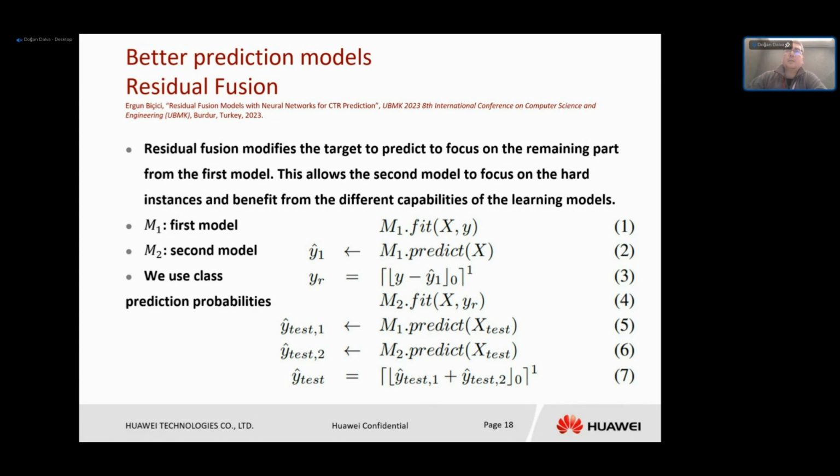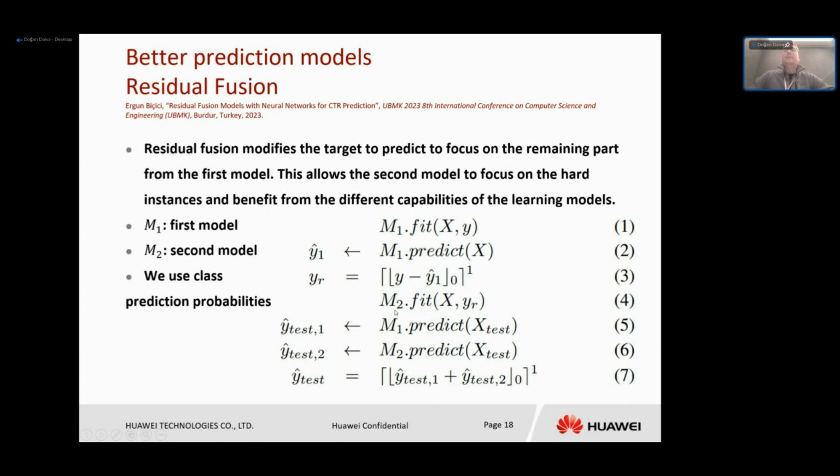Because these are probabilistic predictions from 0 to 1, we make the difference in the same range as the actual output. The residual is used to fit the second model. So we only want to learn the remaining part from the first model.